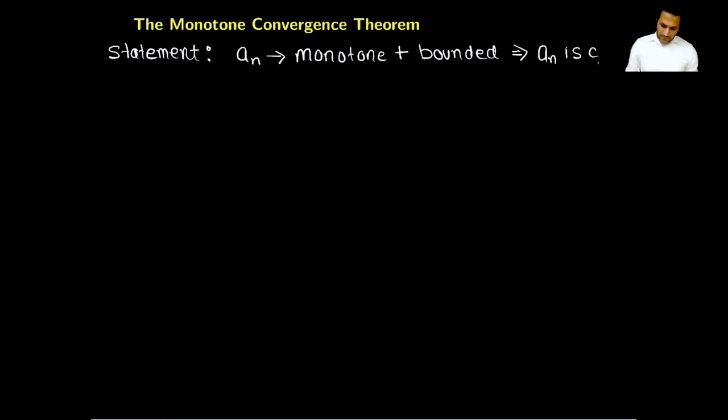I can also split this statement into two parts. In part one, if my sequence an is monotonically increasing, or in words, if the sequence is increasing, and if I can also show that this sequence is bounded above, then this will imply the sequence is convergent.